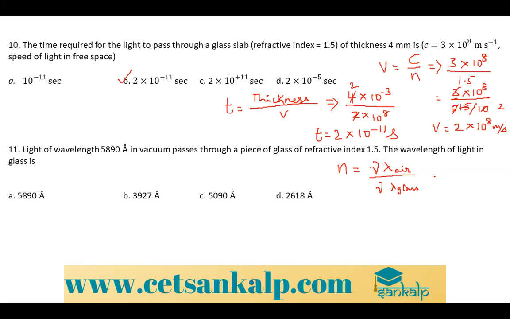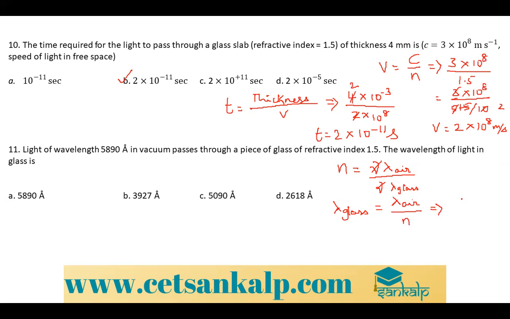What is asked is lambda of glass only, right? So mu cancels. So lambda of glass is equal to lambda of air divided by n.